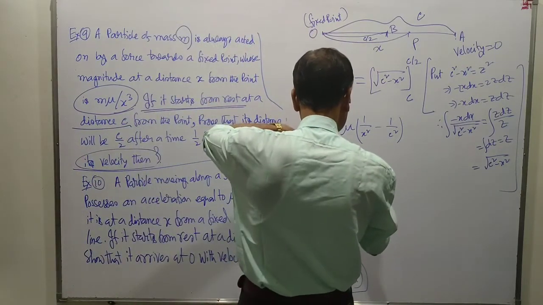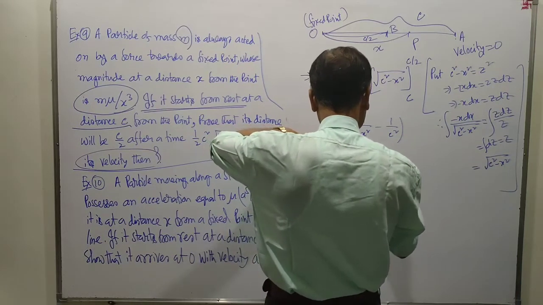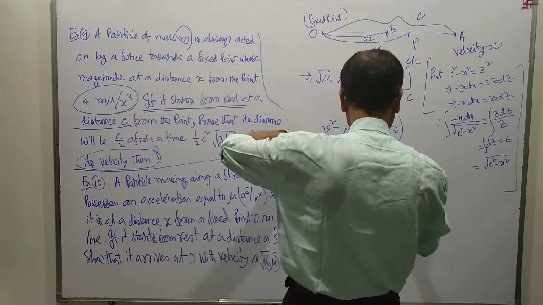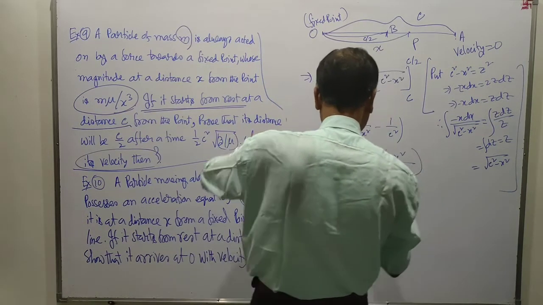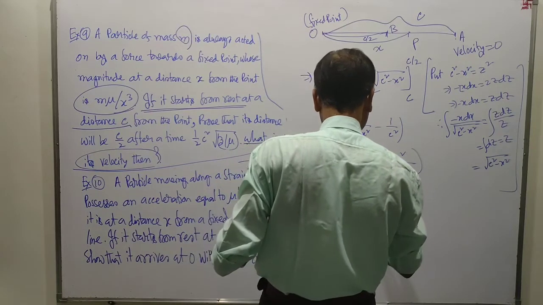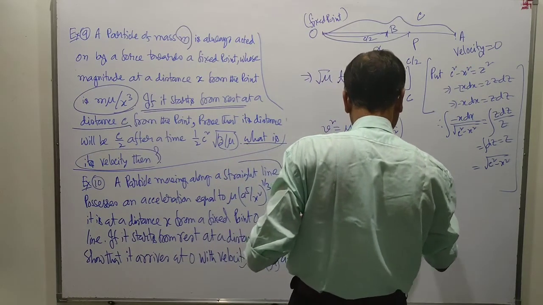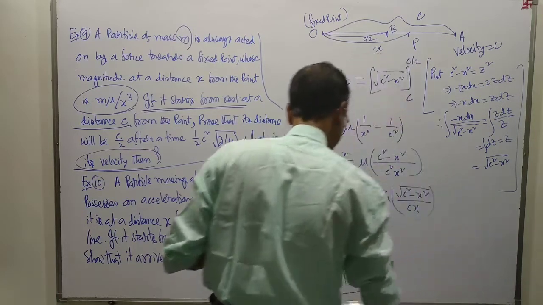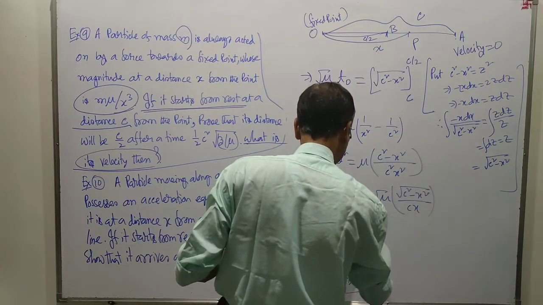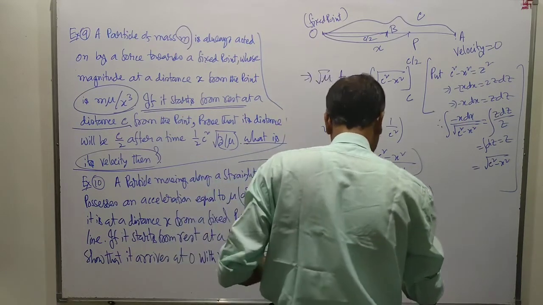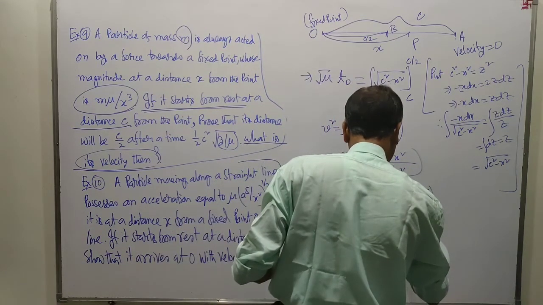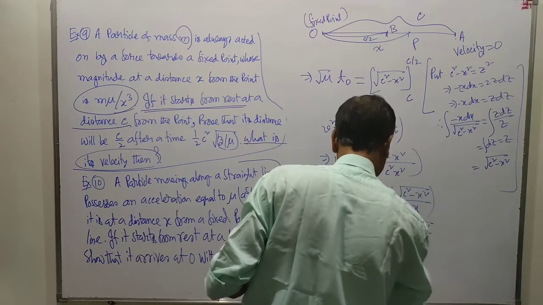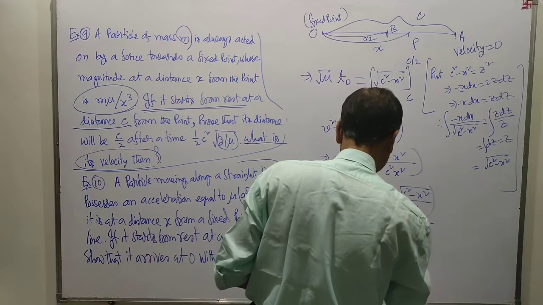This means V square is equal to mu c square x square... c square minus x square. This means V equal to minus root over mu, root over c square minus x square divided by cx. This means dx by dt equal to minus root over mu root over c square minus x square divided by cx. This means this c was dropped.